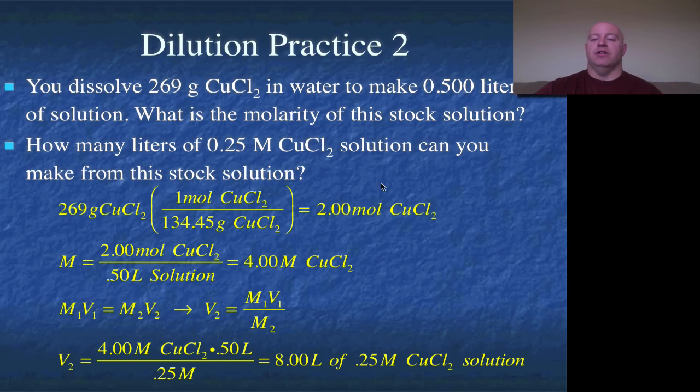We have a half a liter of it, so if we take that 4 molar times the half liter, and divide it by the 0.25 molar, or how much we want to dilute it to, that tells us that we can make 8 liters of this diluted solution. So if you wanted to make 10 liters, you wouldn't have made enough to start. You'd have to either put more mass in, so you have a stronger or more concentrated stock solution, or you'd have had to use more of your volume with the mass together. Okay, so that is dilution practice number 2.